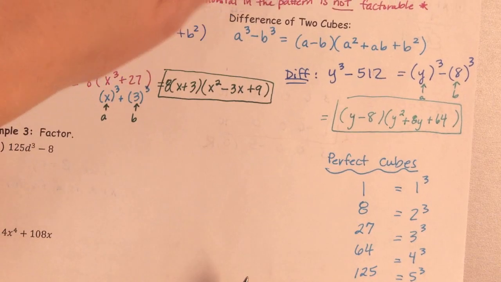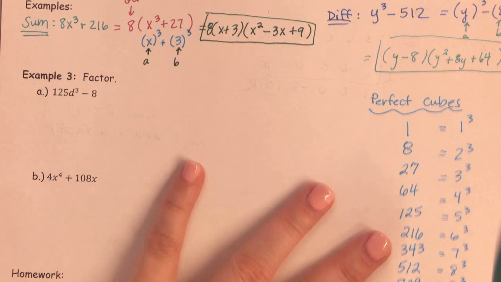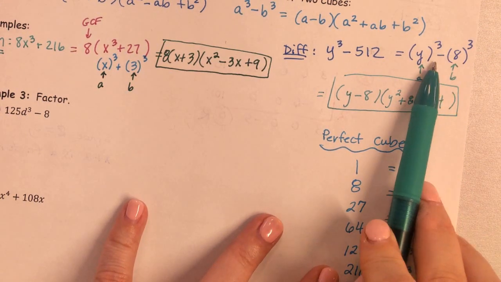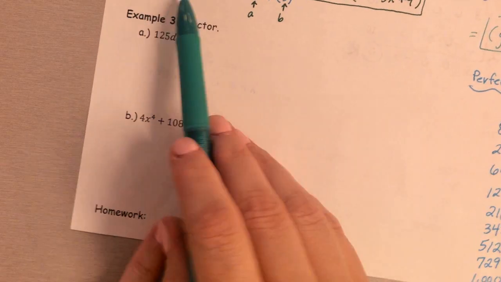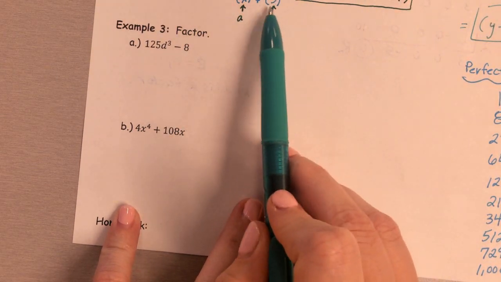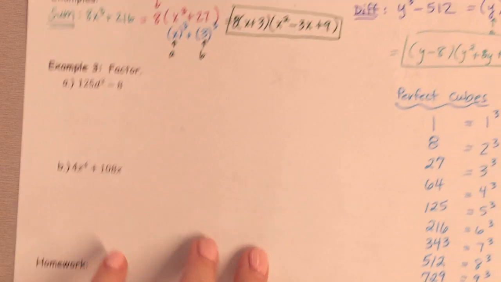And with this one, the signs are built in. So that minus stays in the middle. So 8 cubed would be a minus 512. For this one, we had the 27, but the 3 cubed would be the plus 27.